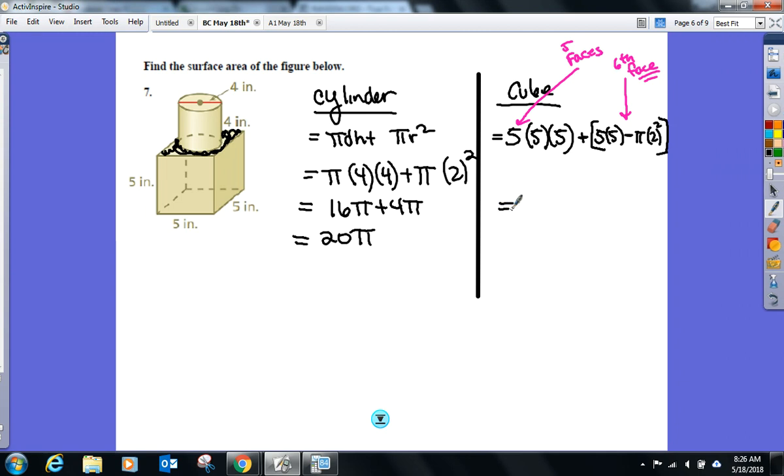There are no rounding directions here, so we're going to go Regis rules and write out the full calculator display. 137.